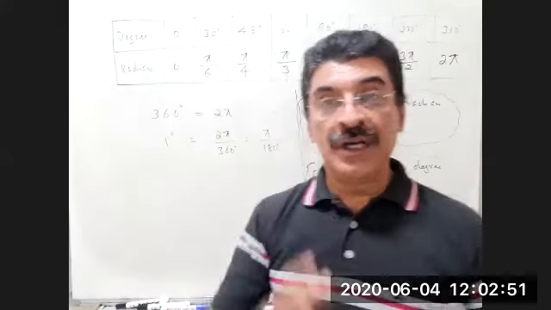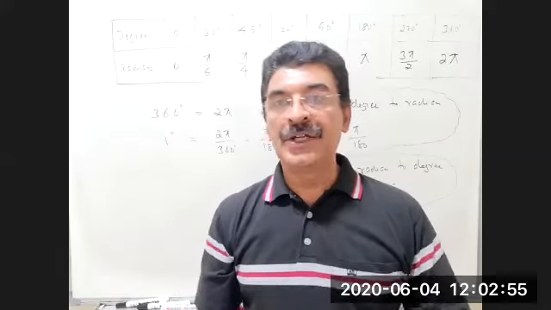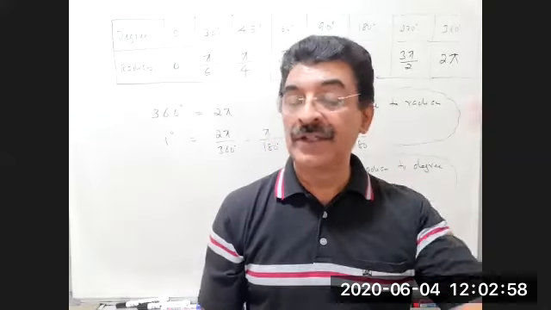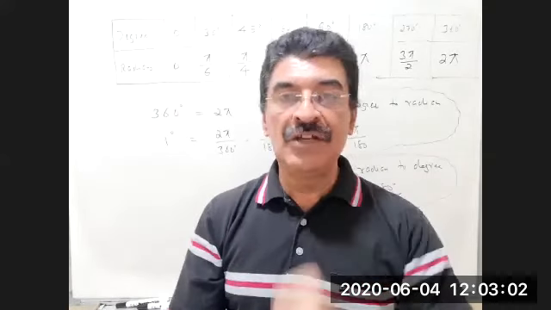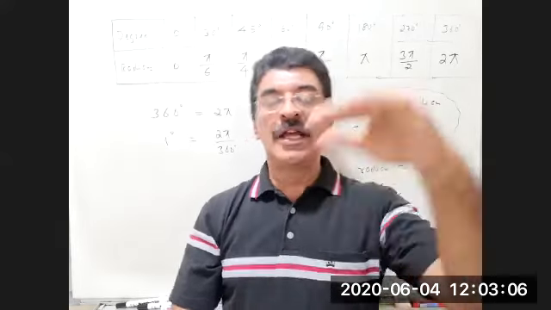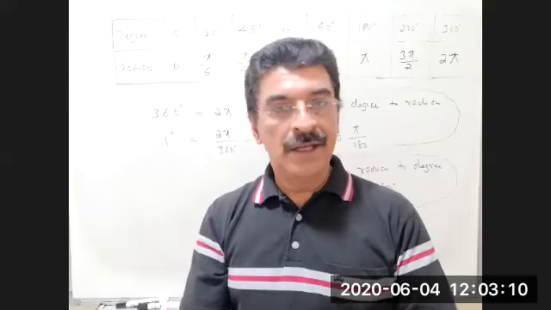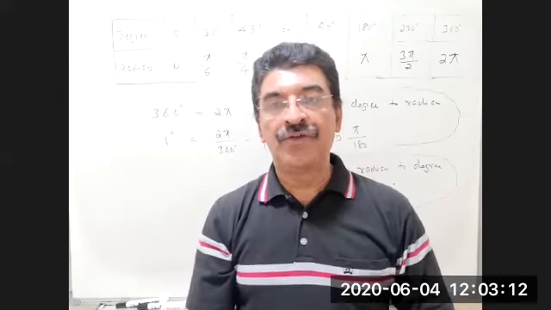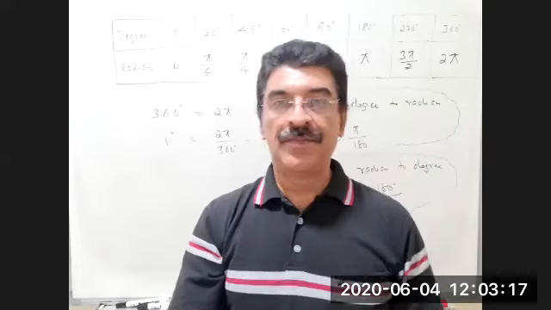The first one is the measure of angle. The new things we learned today: the measure of angle can go more than 360, it can be infinite. Again, we have negative measure for angle, that is measuring in clockwise direction and anti-clockwise direction. Then we have two types of measure: one is degree measure and the other is radian measure.